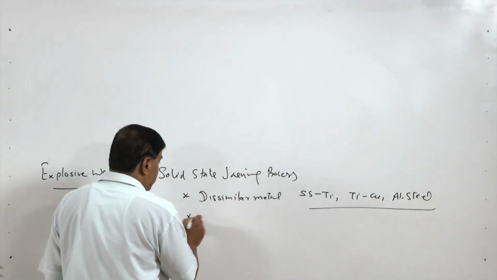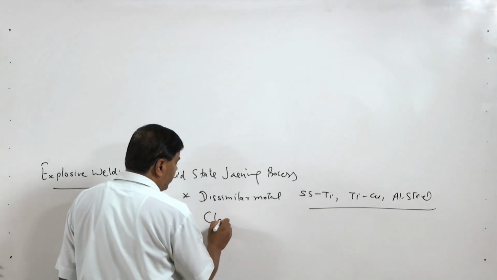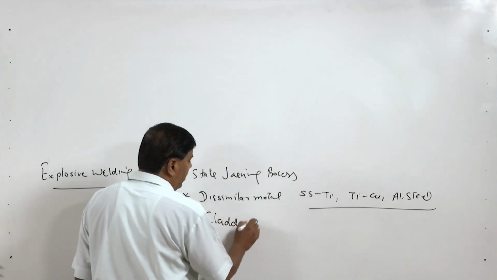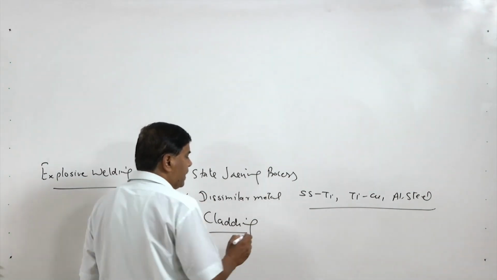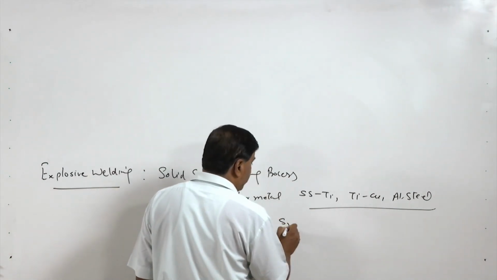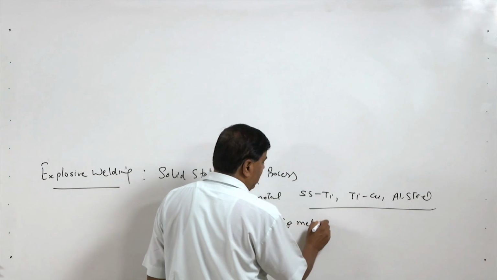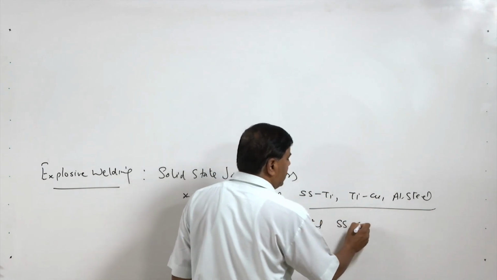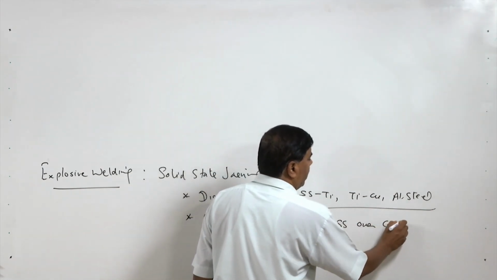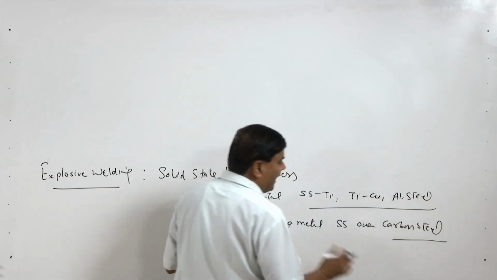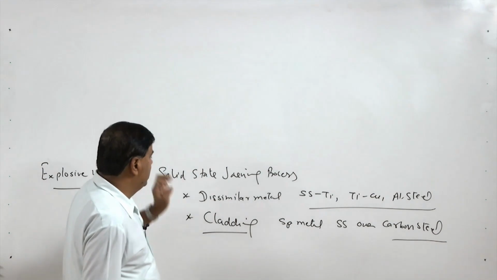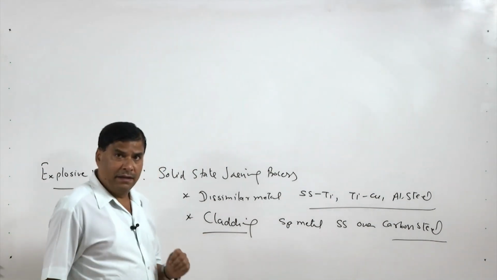Another typical use is for the cladding purpose. When large area cladding is to be done, cladding of a specific metal like stainless steel over carbon steel or any other arrangement, then explosive welding is used.